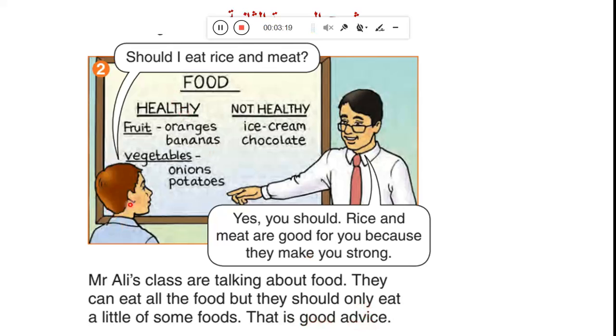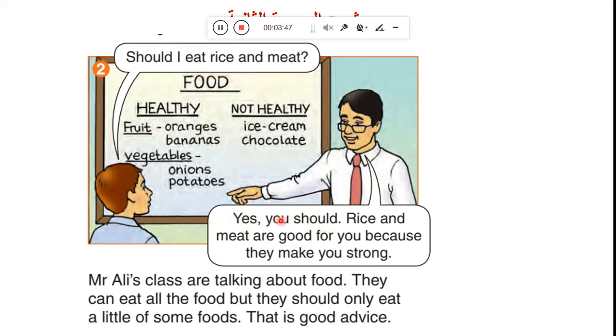Here one of the students asks Mr. Ali, should I eat rice and meat? What do you think? Should he eat rice and meat? Let's see the answer from Mr. Ali. Mr. Ali says yes, you should.